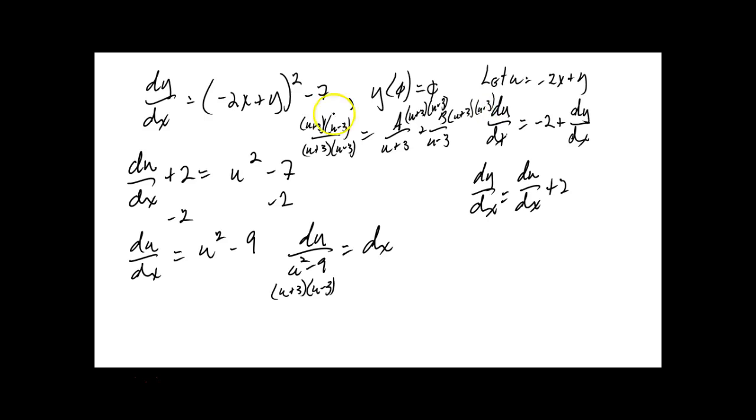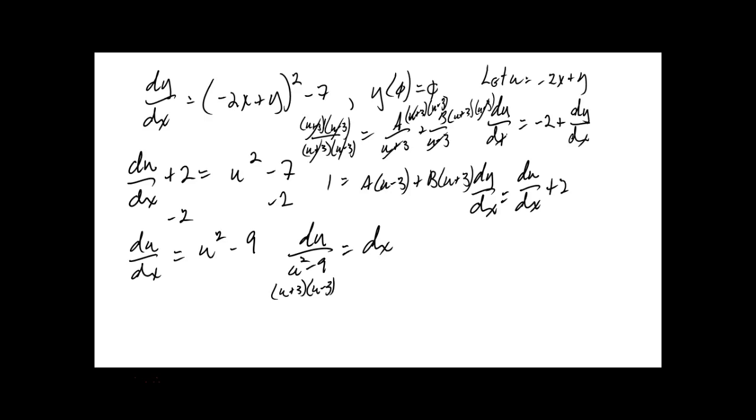This is sort of doing the same thing you did. Notice what happens here. You only have one here, right? Over here you have a times u minus 3 plus b times u plus 3. Now that's sort of easy to deal with, okay?